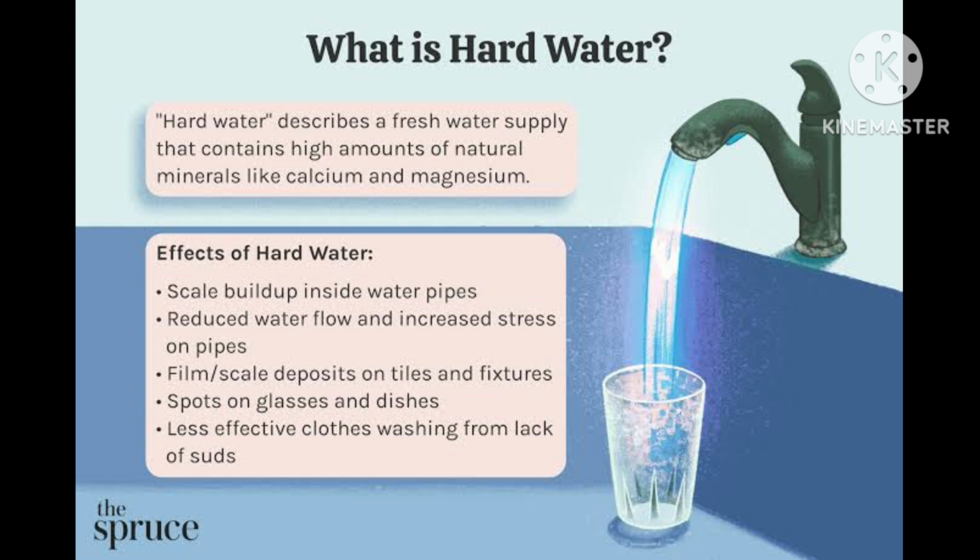Then in this C17H35COOH, in the place of H, when sodium or potassium comes, either sodium or potassium, then it is called a salt. If sodium is there, it is called sodium salt of fatty acid.